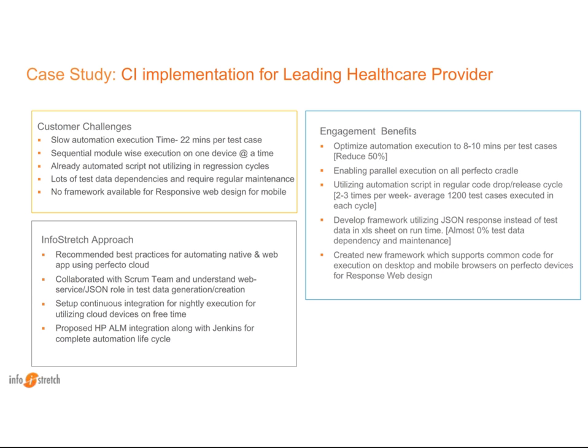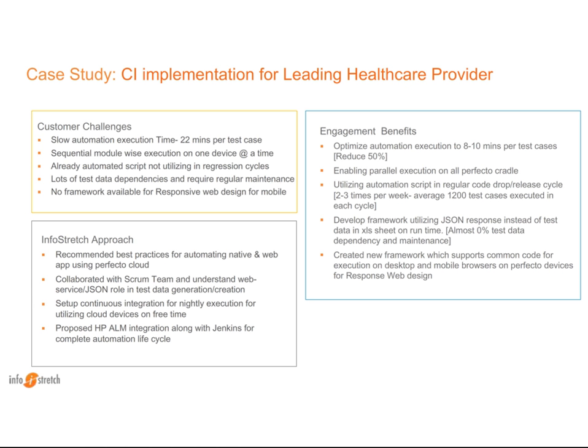So let's go to the case study that we did for a leading healthcare provider in the Bay Area. What are the basic challenges that they were facing? As we saw in the poll results as well, slow automation execution time, which was about 22 minutes per test case. Sequential execution on the devices rather than parallel execution, so longer execution times again.